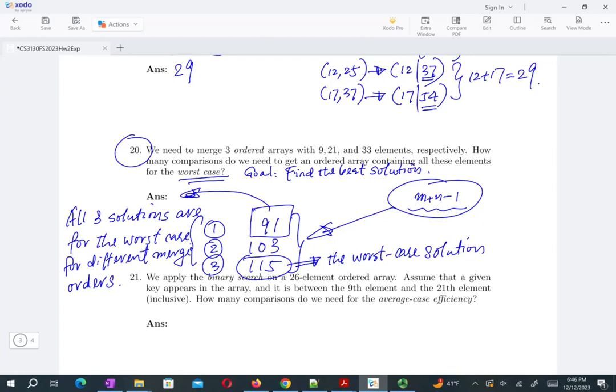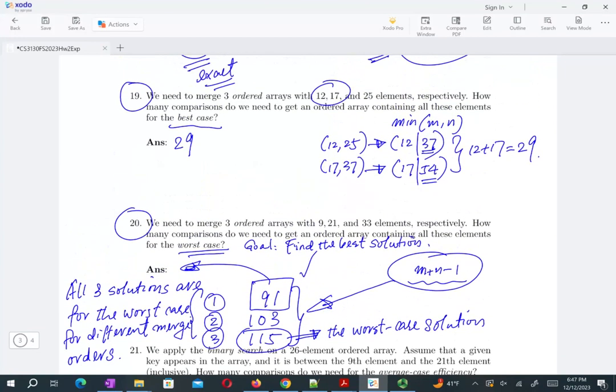Because they are all for the worst case, and 91 is the best, the smallest number of comparisons is the best. Still, it is for the worst case, not the best case. This 91 comes from a specific order. And in class I mentioned the greedy algorithm; this is related to the greedy algorithm.